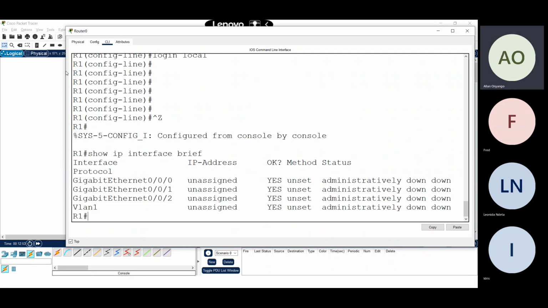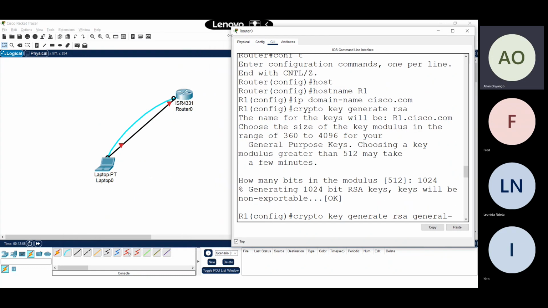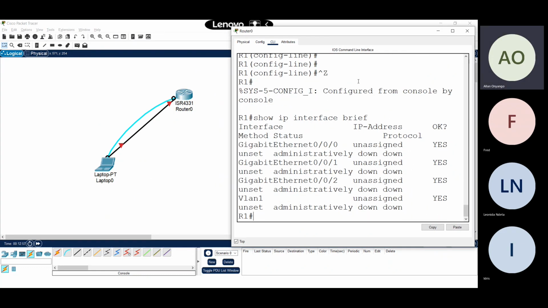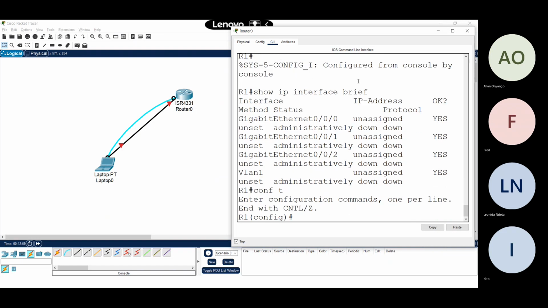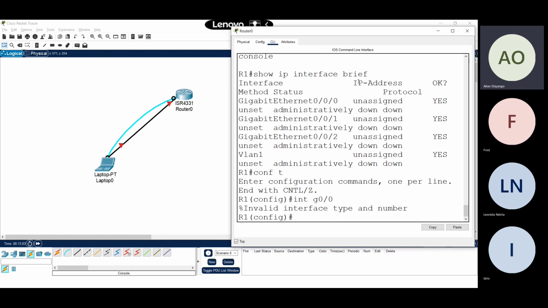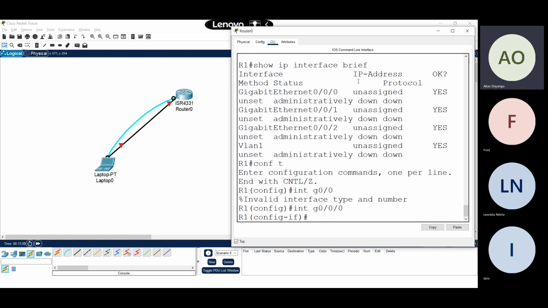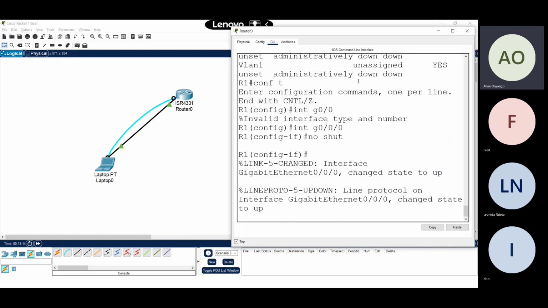If you can remember very well, I want to know which one is currently connected. So I'll just say interface G0/0/0. No shut. Wow, it is that interface that's up.